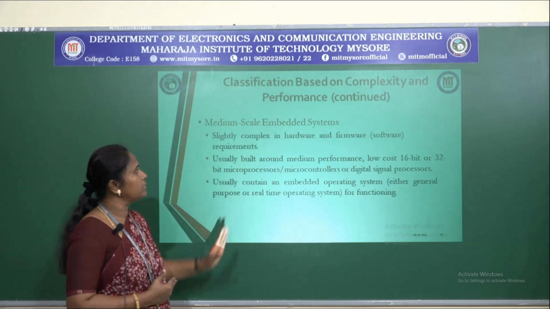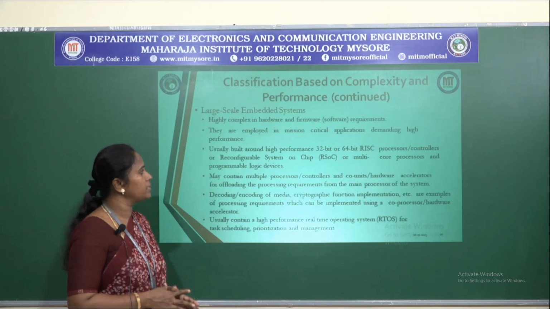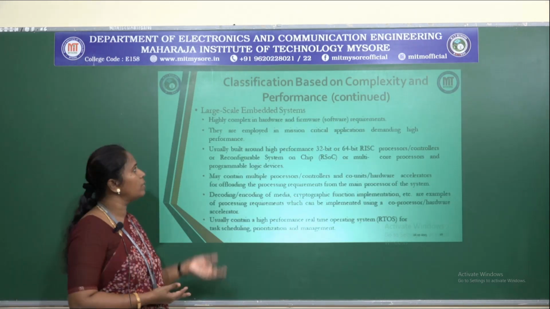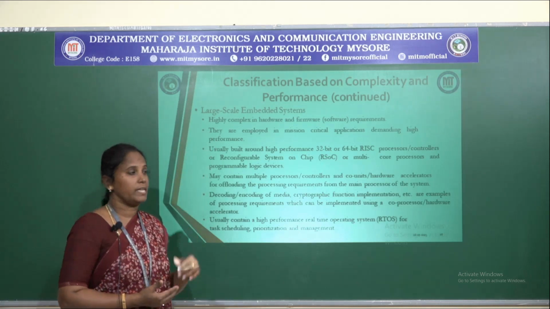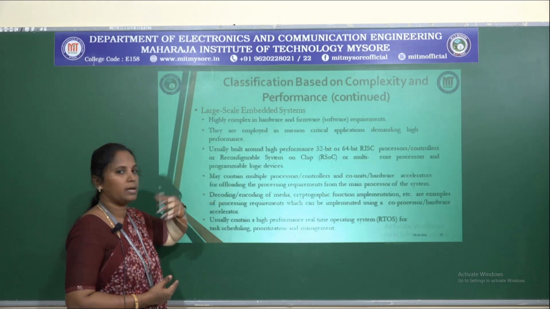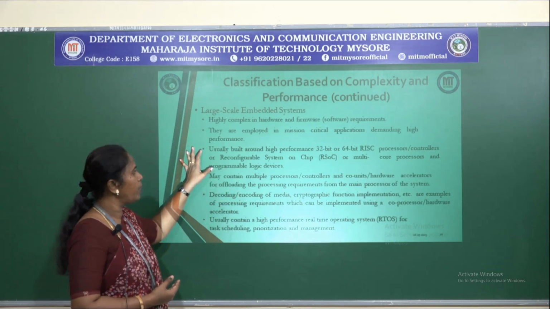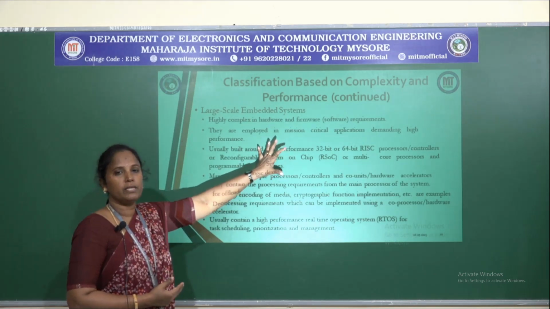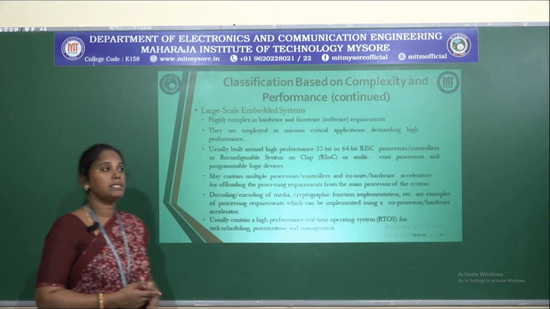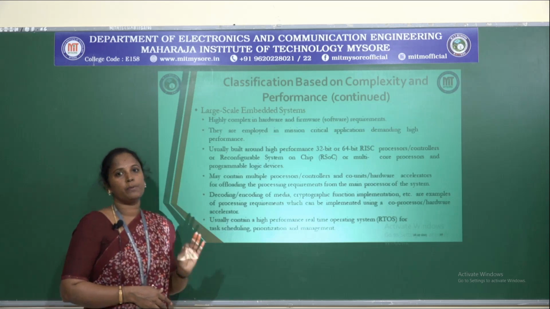Okay, the third one is the large scale embedded system. In the case of large scale, the complexity involved with hardware and software increased, as well as the performance, compared to the other two. Why? Because it uses 32-bit as well as 16-bit RISC processors.